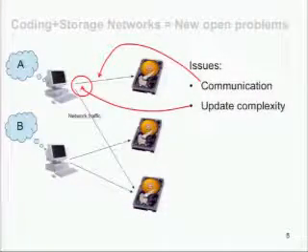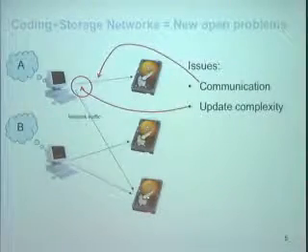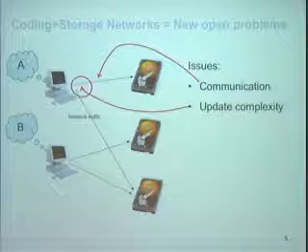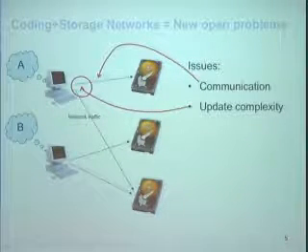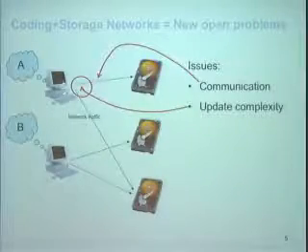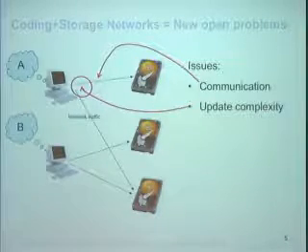The other issue, for example, is update complexity. If I'm storing A on this disk and A plus B on this disk, the XOR, when one packet changes, that means I have to go to all the disks that are storing parities combined with that, and I have to change those. So graph theoretically, that's correlated to the degree of each packet, and I would like to make these degrees as small as possible.